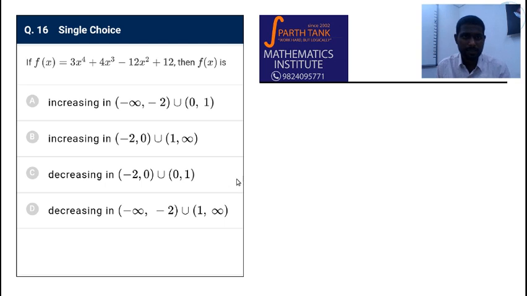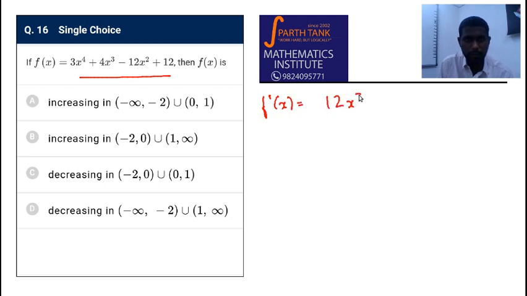Question number 16. If f of x is equal to 3x to the power 4 plus 4x cubed minus 12x squared plus 12, then f of x is increasing or decreasing in which of these intervals? So let's quickly find f dash of x. F dash of x is 12x cubed plus 12x squared minus 24x, and we set this to 0 to find the points where it will be extreme.